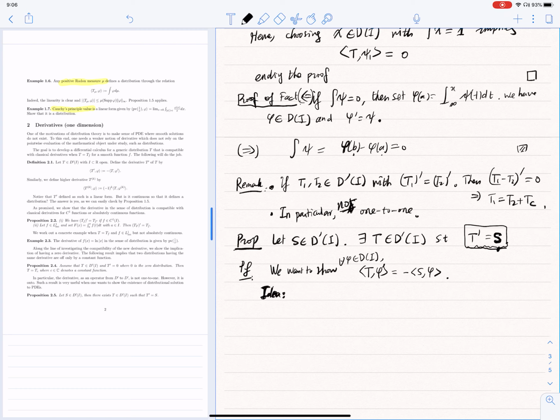S is a generic distribution which is given, and we're going to use S to define T. So T applied to a generic test function psi will be given by S applied to a certain transform that I denote by P of psi, where this P transform satisfies the following.